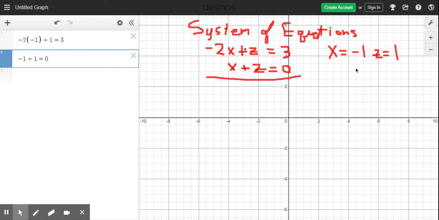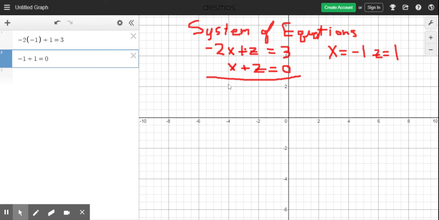We want to eliminate one of the variables. Now I notice that my z's right here, if I added those together, z plus z would be 2z. But if I subtracted them, z minus z, that would eliminate the z. It would go to 0.